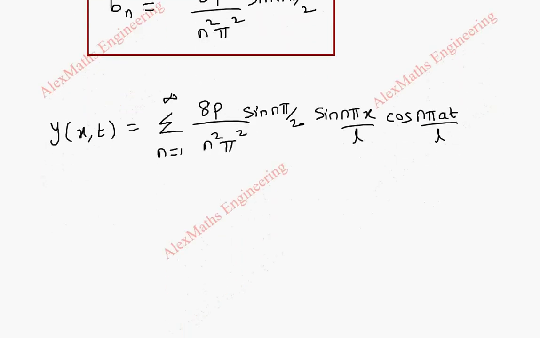So from this we can take the constants outside. So y of x comma t will be 8p by pi square, which is a constant that can be taken out.